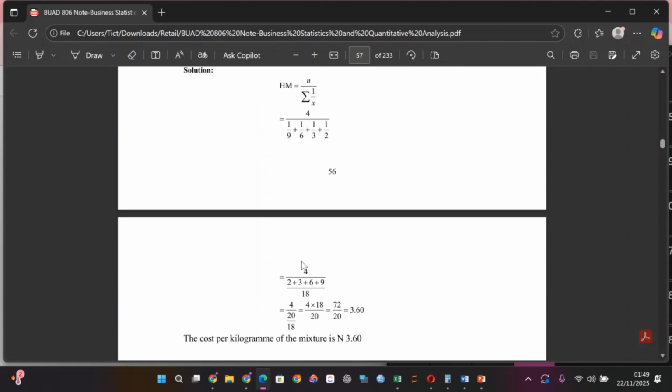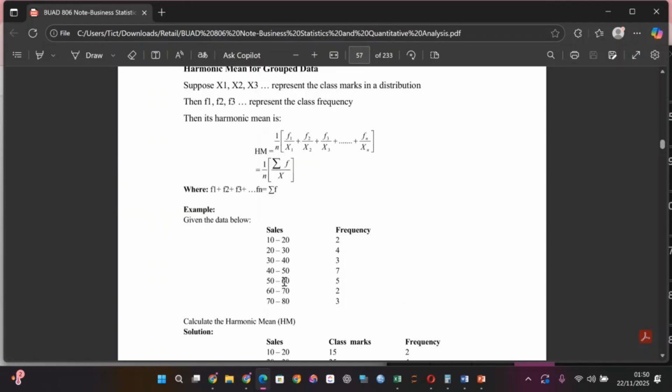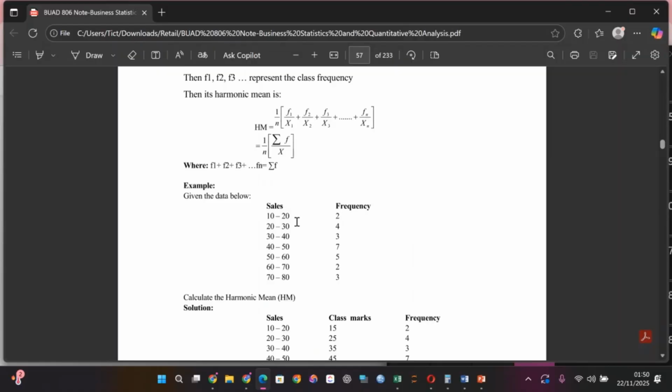Grouped data is data that is classified into class intervals. For instance, I'm talking about people whose ages are from 10 to 20. The system says people whose age falls between 10 and 20, there are only two people. People whose age falls between 20 and 30, there are four. So you are grouping people.